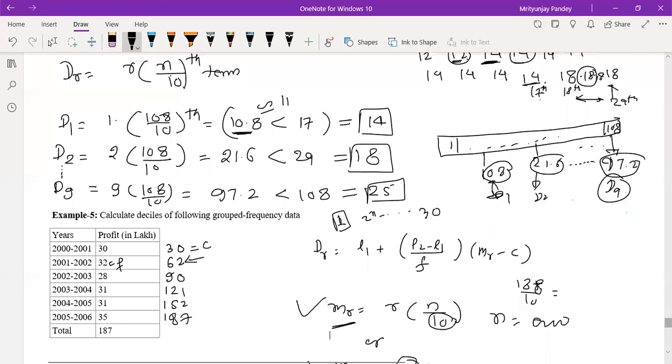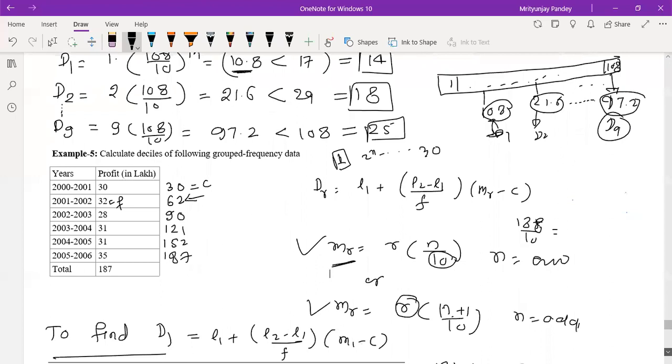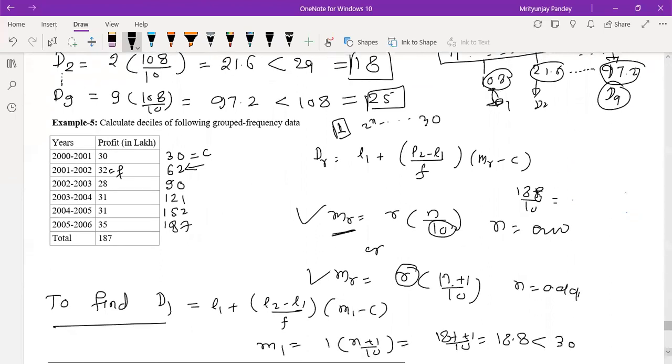You can use any one because both are nearby same value. No need to differentiate according to odd and even, because the value of R into N by 10 and R into N plus 1 by 10 both are nearby same. So now find the cumulative frequency of this question. So these are the cumulative frequency 30, 62, 90, 121 like that.